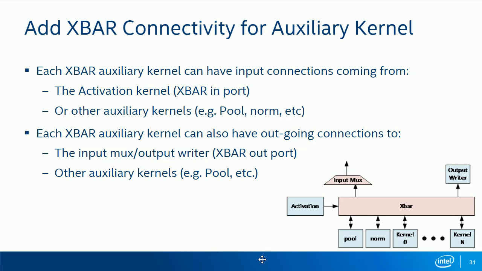Each auxiliary kernel has the option of connecting to the activation kernel through the crossbar import, or any other auxiliary kernel. Each auxiliary kernel can also have an outgoing connection to the crossbar output port, which goes to the input mux and output writer, as well as to other auxiliary kernels. It's important to understand the graph you're executing before specifying these connections.